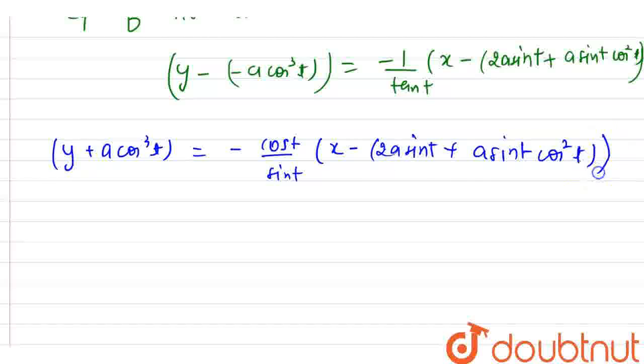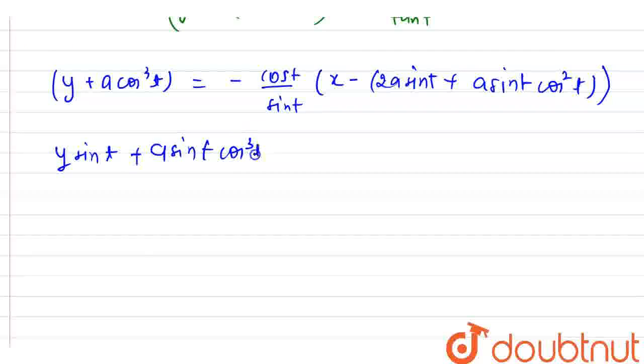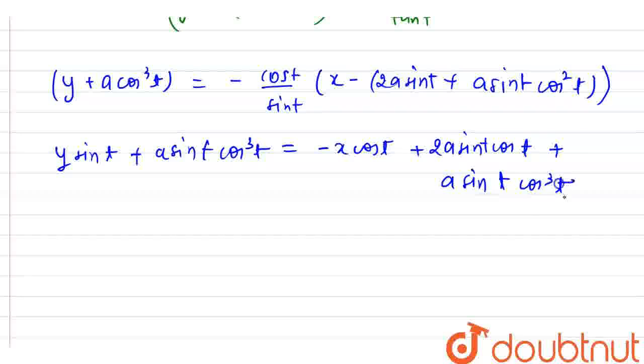Now moving further, I'm taking this sin t over here, it will be y sin t plus a sin t cos cube t. And it will equals to, I'm multiplying this minus cos t inside this bracket, so it will be minus of x cos t, minus minus become plus, and it will be 2a sin t cos t plus a sin t cos cube t.